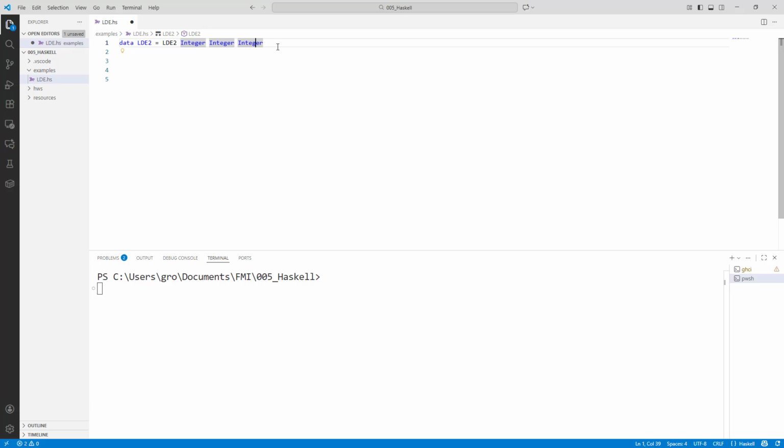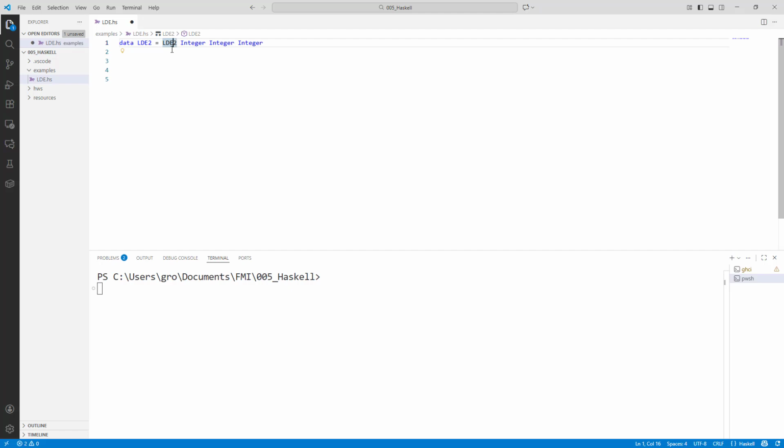Integers are useful because they can hold numbers of any size. This is the magic of Haskell. I guess I know what you're thinking: why did I write LDE2 twice? This is a great question, and it confuses everyone who works with Haskell.